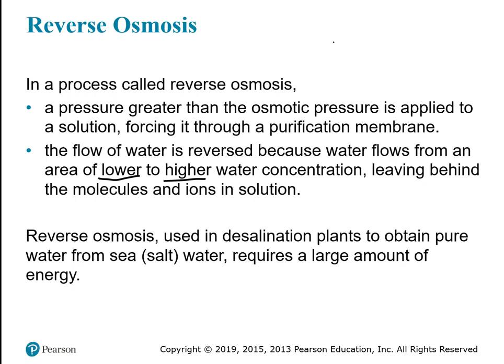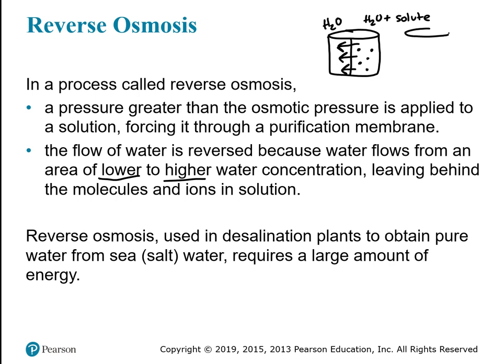So if you had your beaker with your membrane, pure water, and then water plus solute, and draw some solute in there, you're actually going to get water flowing the opposite way in reverse osmosis.